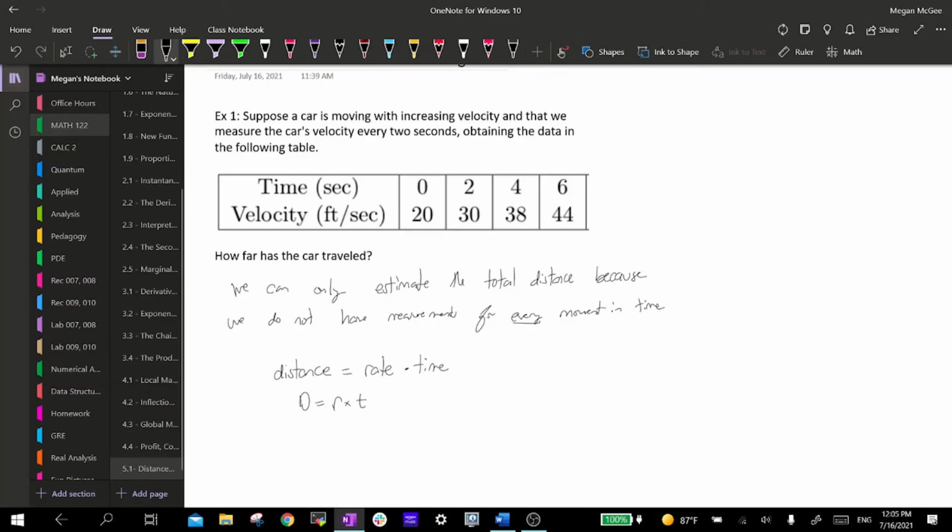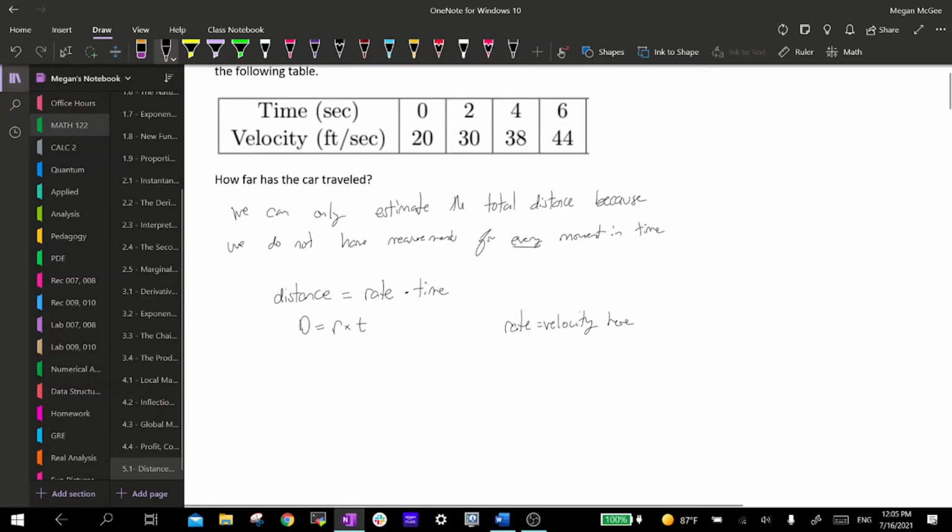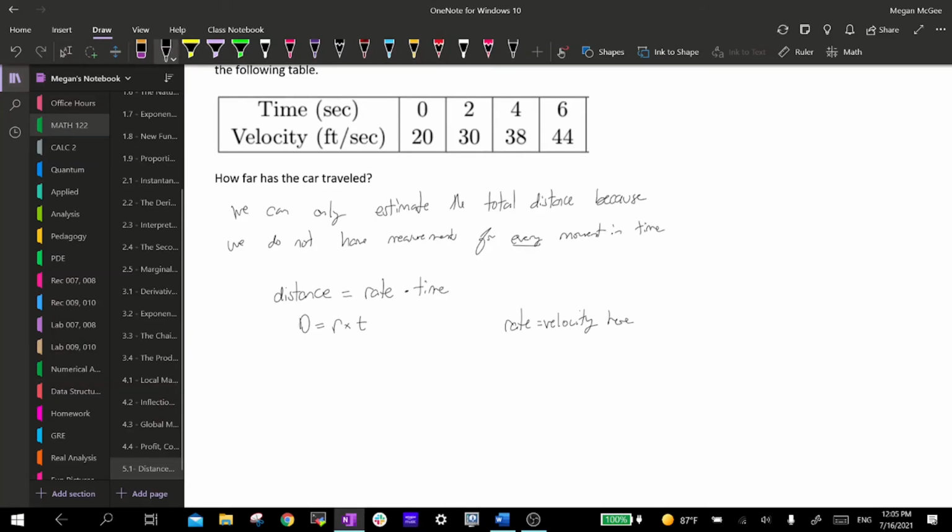Alright, so rate is velocity here. So we can calculate our total distance over these 6 seconds, alright, by multiplying the velocity and the time respectively.